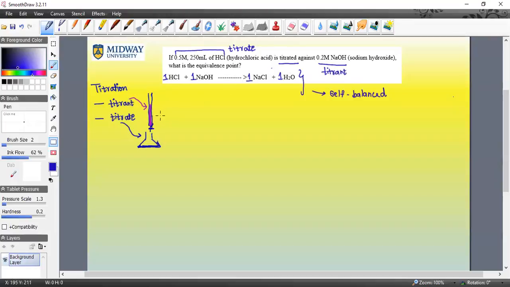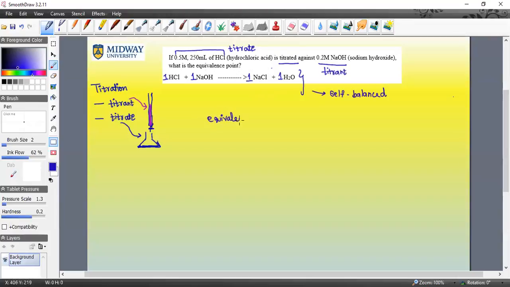Okay. So here, if you notice, unlike the previous two problems where it's not asking for mass of a particular product, it's asking for something called equivalence point. Okay. That is, what is an equivalence point?